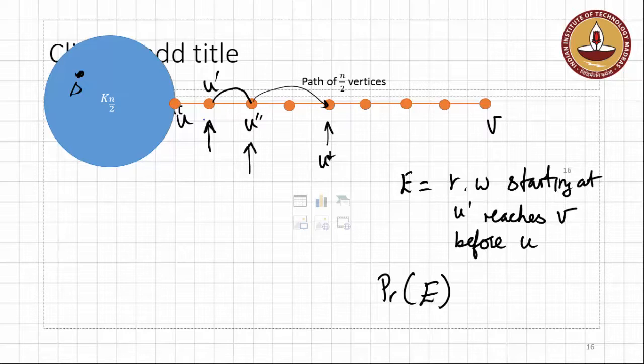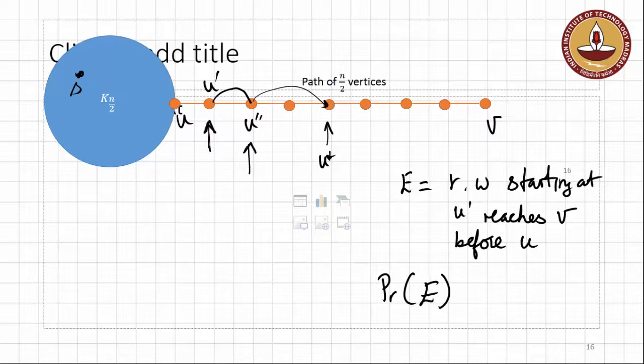What you can see is that with probability half, you will reach u double prime before u, and after having reached u double prime, with another probability half, you will reach u star before you reach u, and so on and so forth.